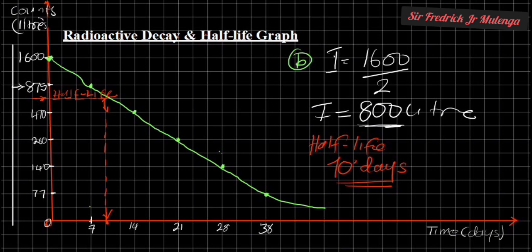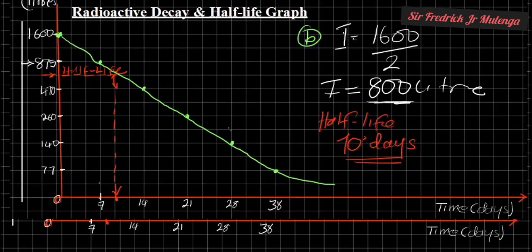Remember, for us to find the half-life, this mass, which is 1,600, was decaying by half every time. Half of this is actually 800. That's what we found.